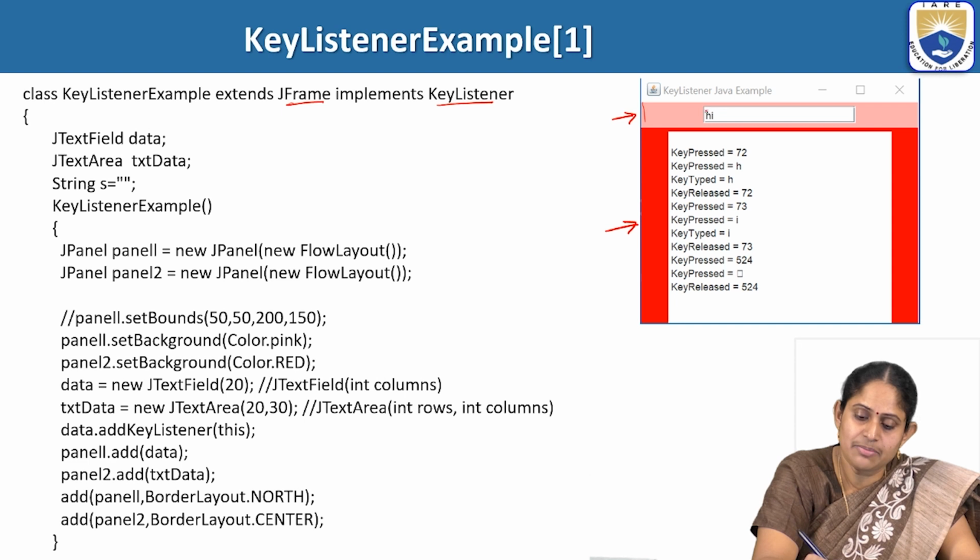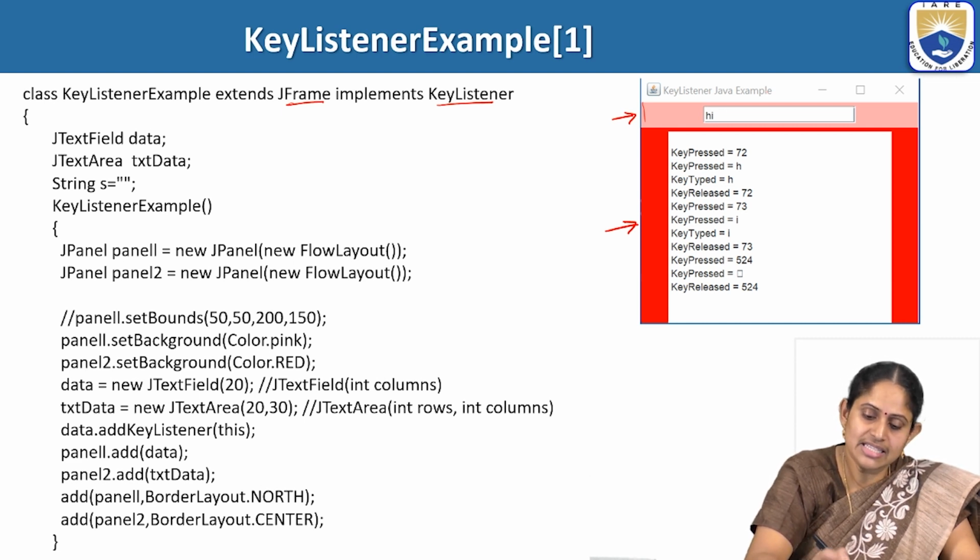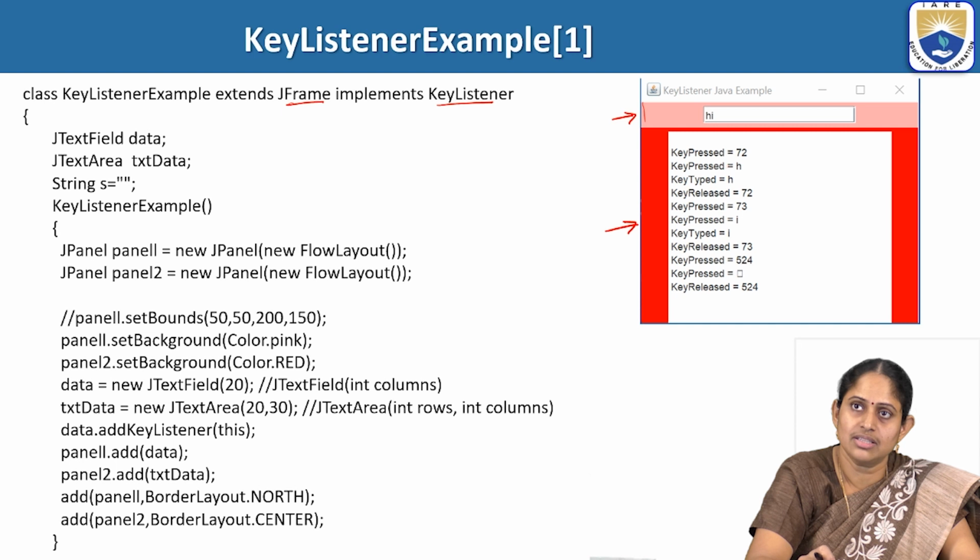Inside the first panel, we have a text field wherein whatever keys are pressed will be typed. And inside the second panel, we have a text area which will display the keys, the ASCII code or the character which is being pressed and released.